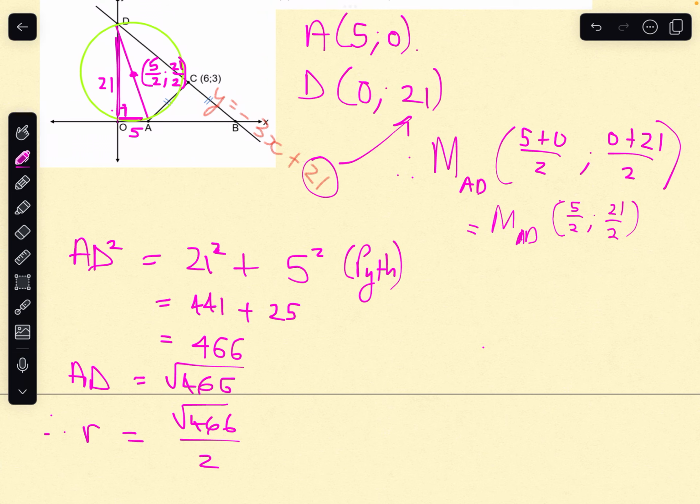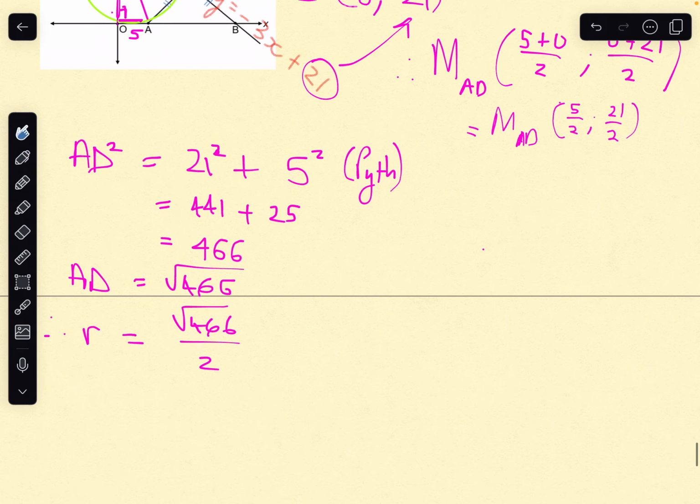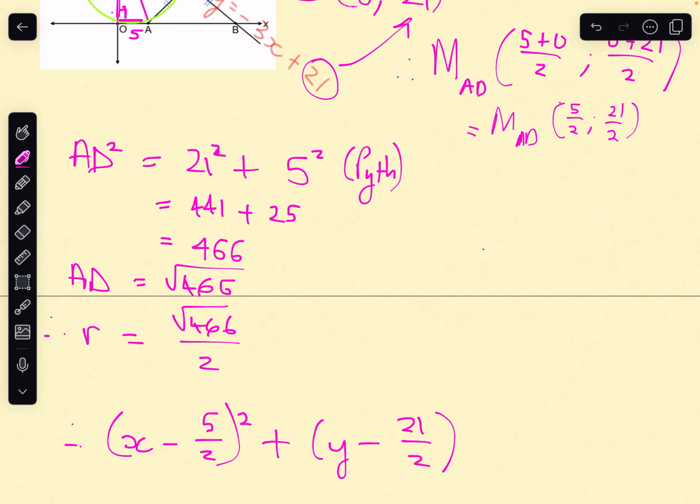And so the equation in total is x minus 5 over 2 squared plus y minus 21 over 2 squared is equal to root 466 over 4 squared.